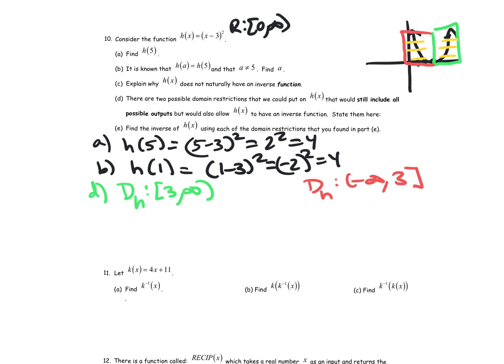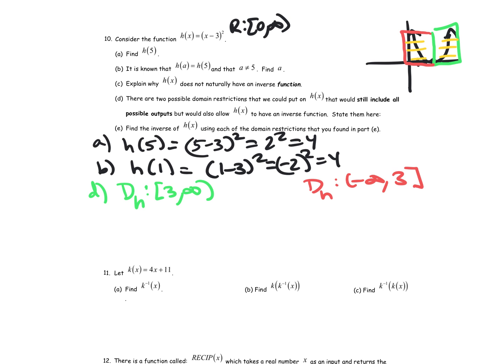Now, based on this restriction, I'm going to have a specific inverse. Something that might be helpful is thinking about the domain and range of my inverse. Remember, if you found the correct inverse, the domain and range should totally flip.